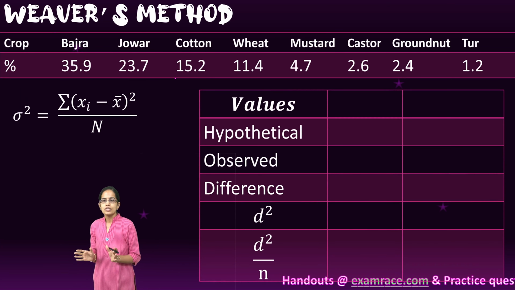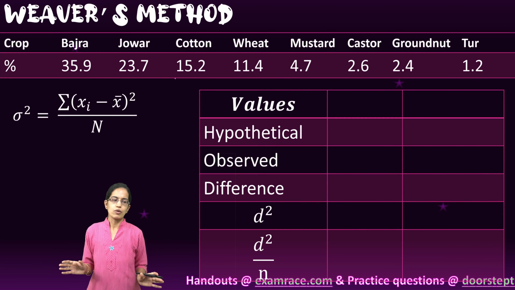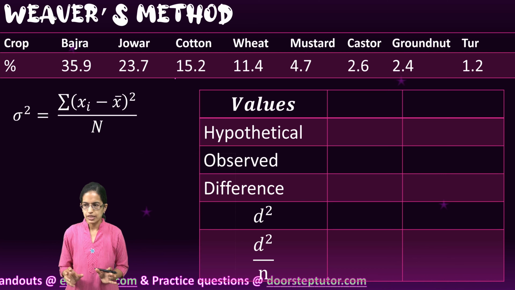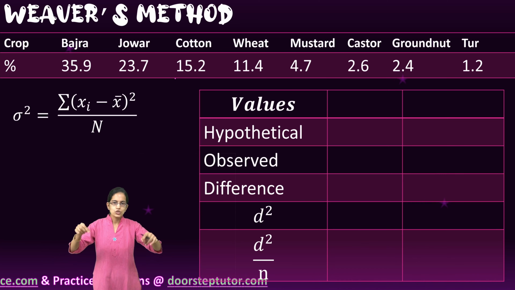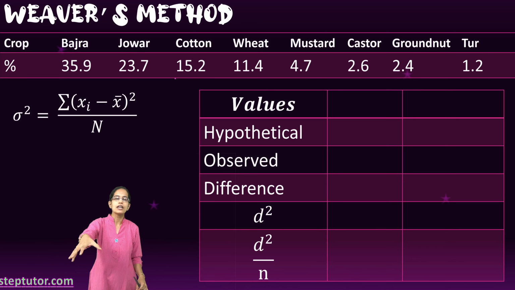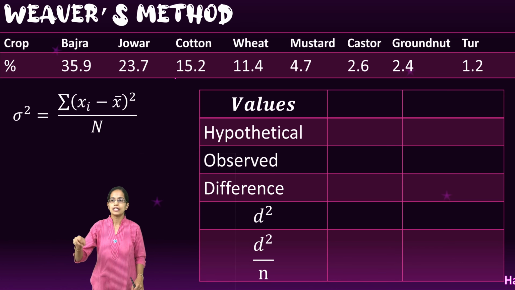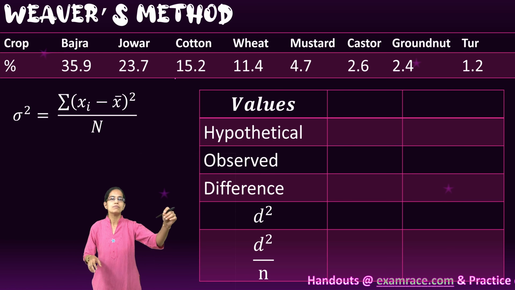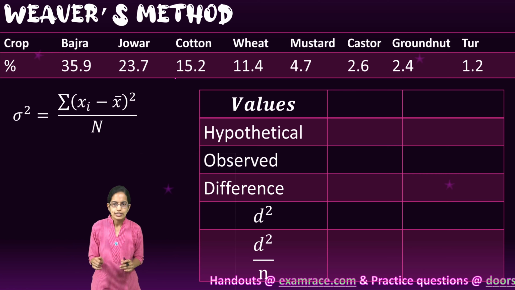I have percentages of various crops. I have 8 different crops that I have taken here, and on the actual land parcel, I see that 35% of the cropped area is bajra, 23%, for example, is jowar, 15% is cotton, and so on and so forth.